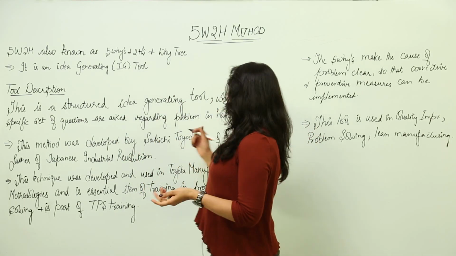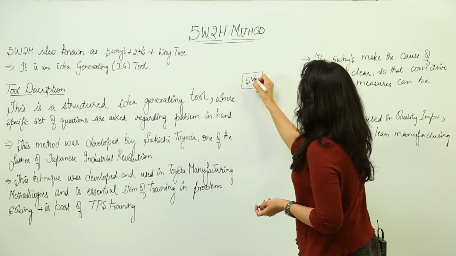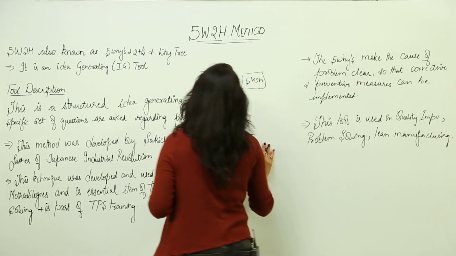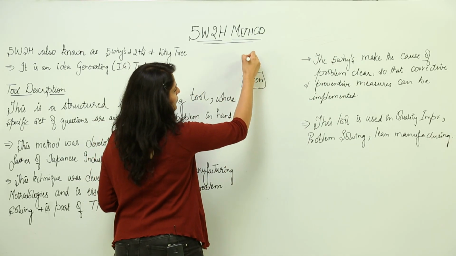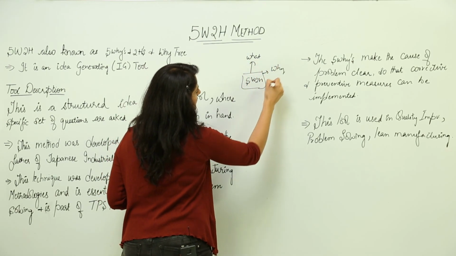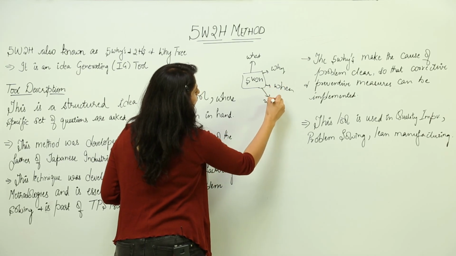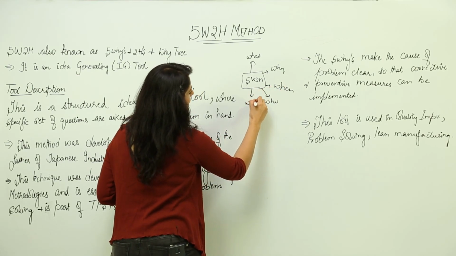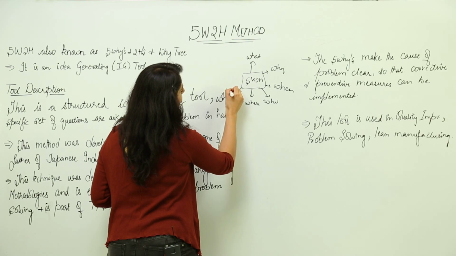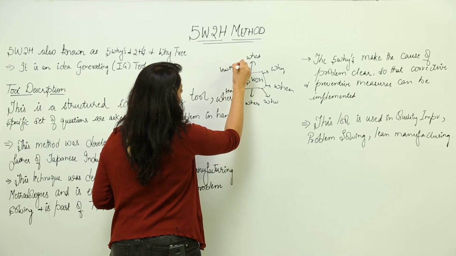So this tool is nothing but, if you need to say it, this is the 5 W's: what, why, when, who and where, and then how and how much.